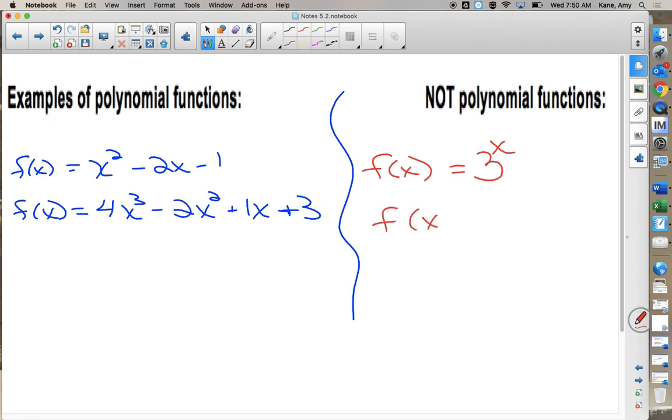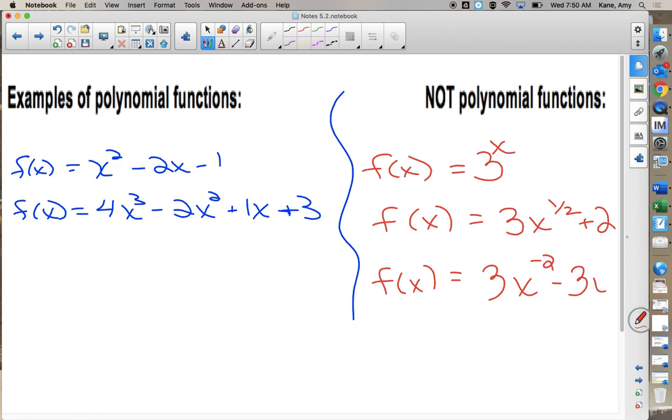We might have something that has 3x to the 1/2, and then maybe plus 2. That exponent is 1/2, not a polynomial. Or maybe I would have 3x, I must like the number 3 today, maybe to the negative 2 minus 3x to the negative 1. That would also not be a polynomial.